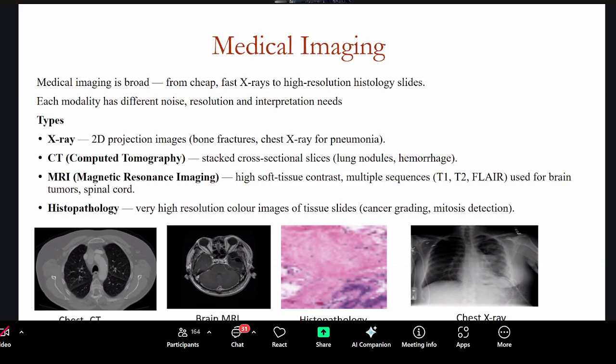Here, I am not good at the medical imaging side. I don't know the features of MRI images; I haven't worked on them.